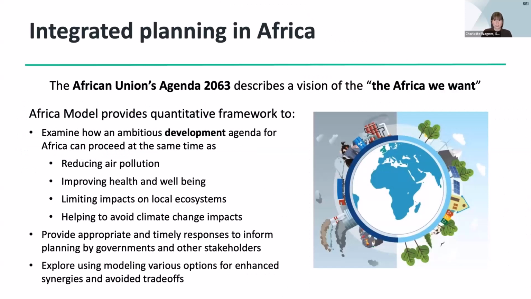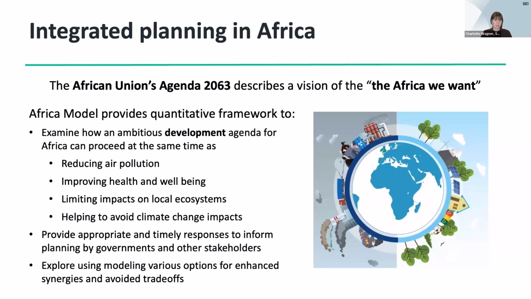In the African Union's Agenda 2063, there is a vision of the Africa we want that is described. And so the Africa model really provides the quantitative framework to evaluate how an ambitious development agenda for Africa can proceed at the same time as achieving these varied advances in different sustainable development goals, such as reducing air pollution, improving health and well-being, limiting impacts on local ecosystems, and helping to avoid climate change impacts.